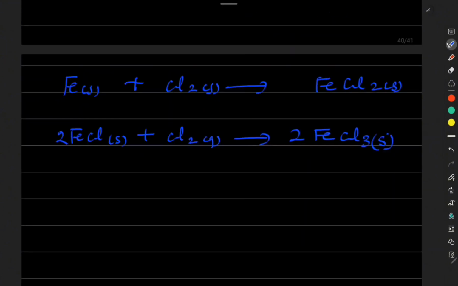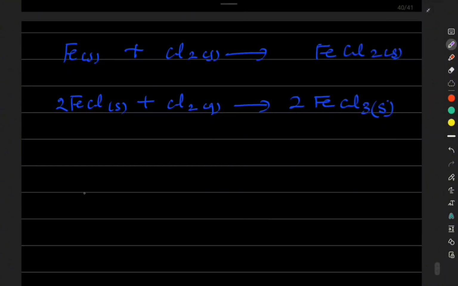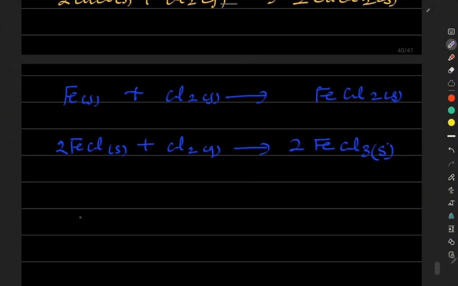Our next reaction is with ammonia. We have learned this reaction in group 15. Let's look at it again. NH3 plus Cl2 gas.